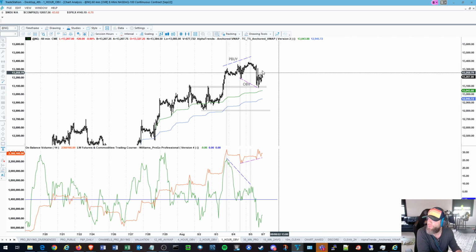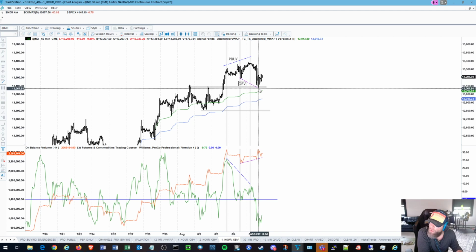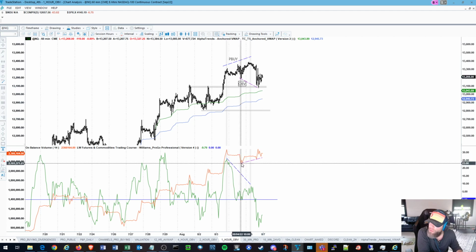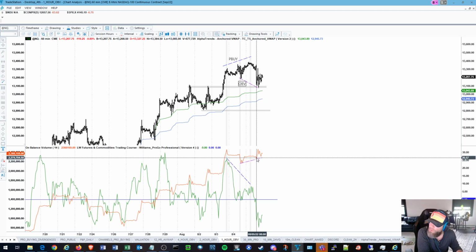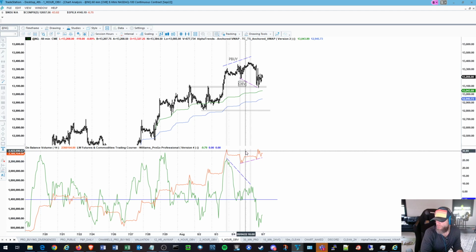So on balance volume here on the 1 hour, price action is moving down, but the on balance volume kind of stifled here.